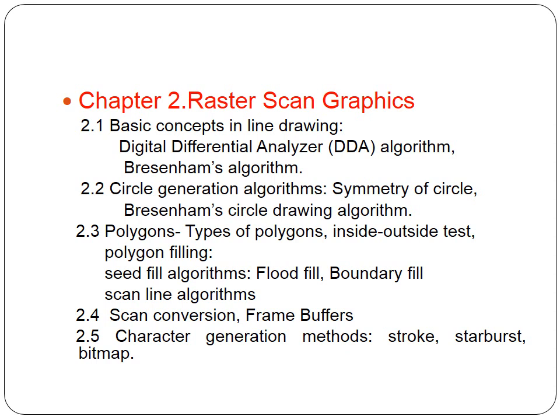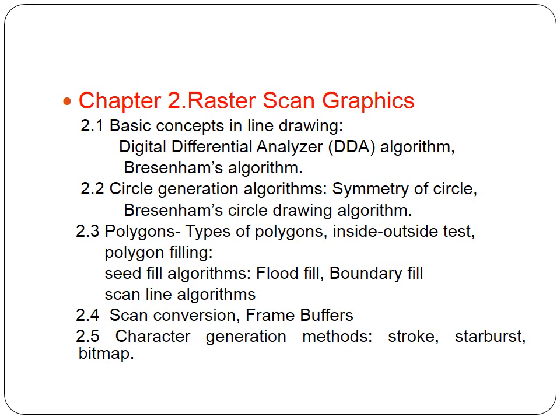We use the DDA algorithm and Bresenham algorithm to draw a line, and also solve maths depending upon the algorithm. In 2.2, we can generate a circle using the Bresenham algorithm and also see the sums.